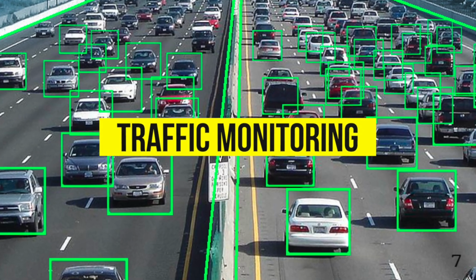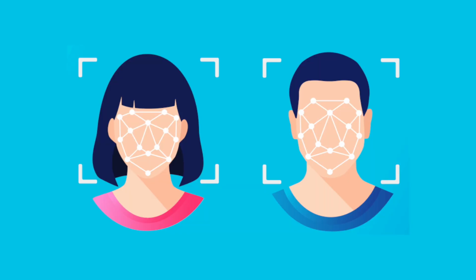Traffic monitoring. If we go with traffic monitoring, we can see the object detections, and if the objects overlap or touch each other, watershed algorithms can clearly define them with image segmentation. Face recognition. With the watershed algorithm, the eyes, nose, and each feature of the face can be detected separately.